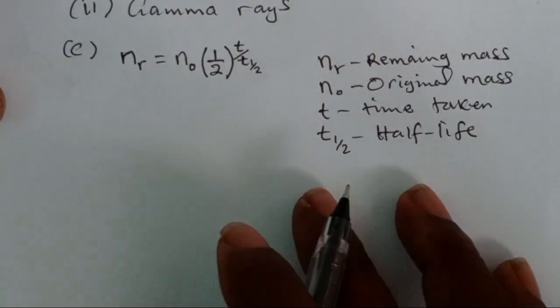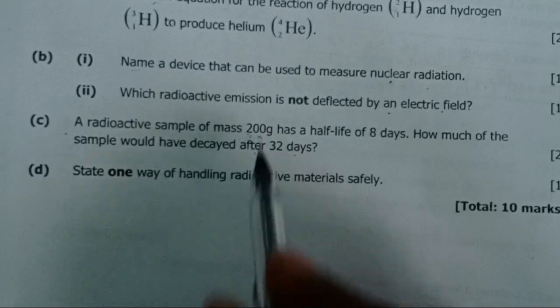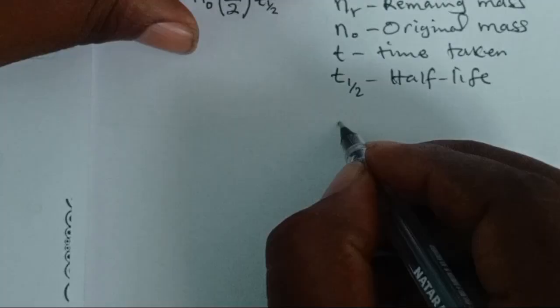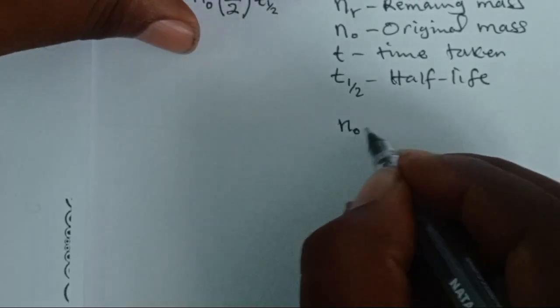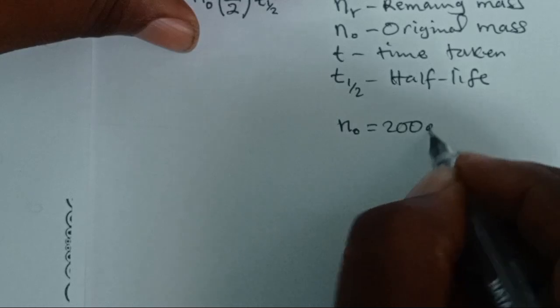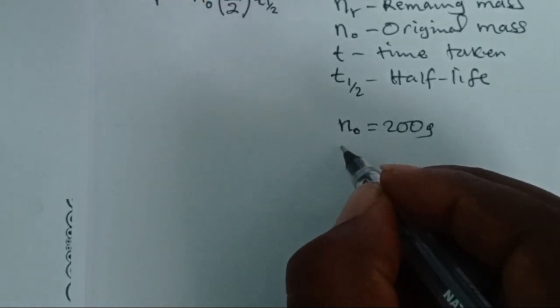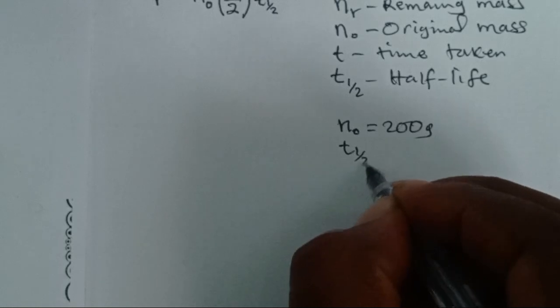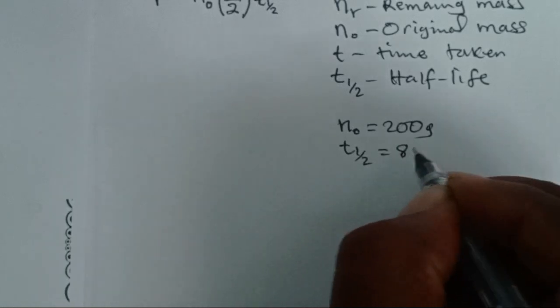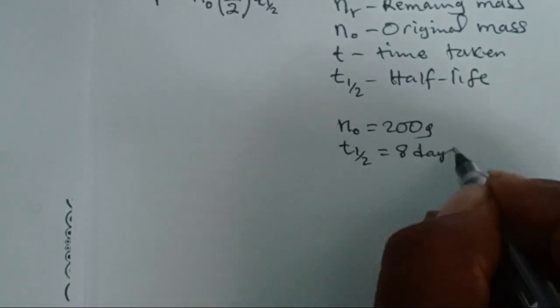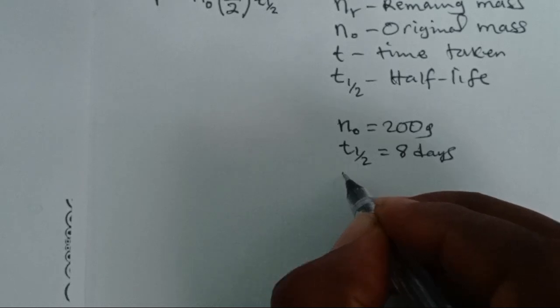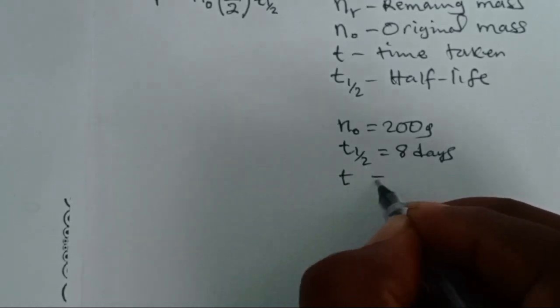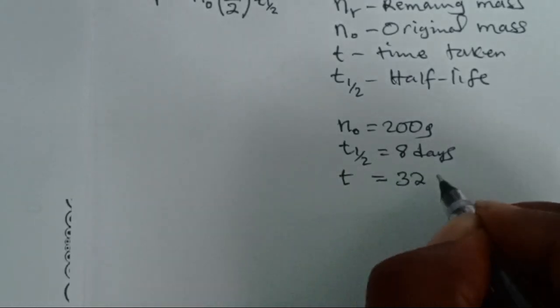The original mass is 200 grams. The half-life is 8 days. The time taken is 32 days.